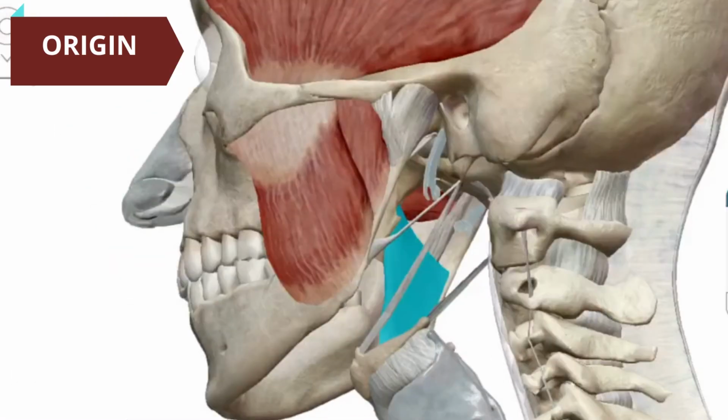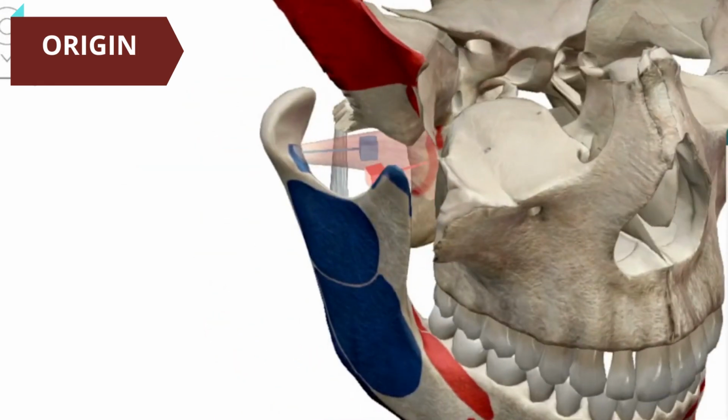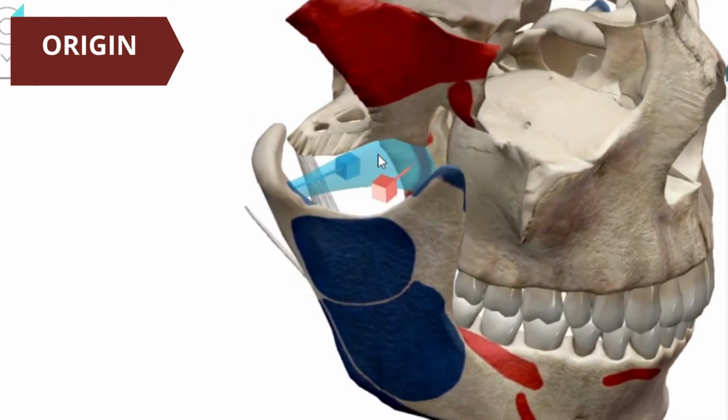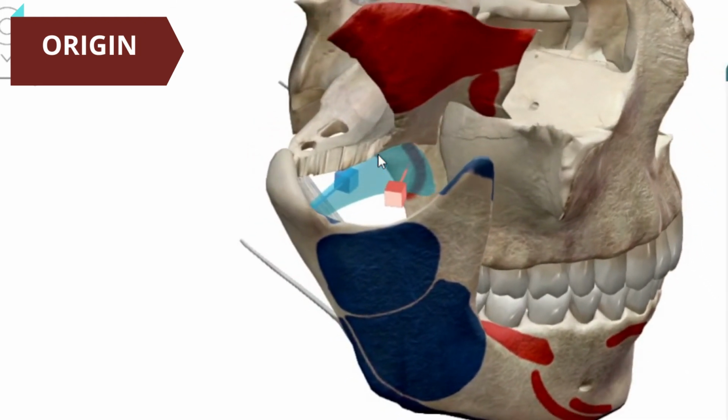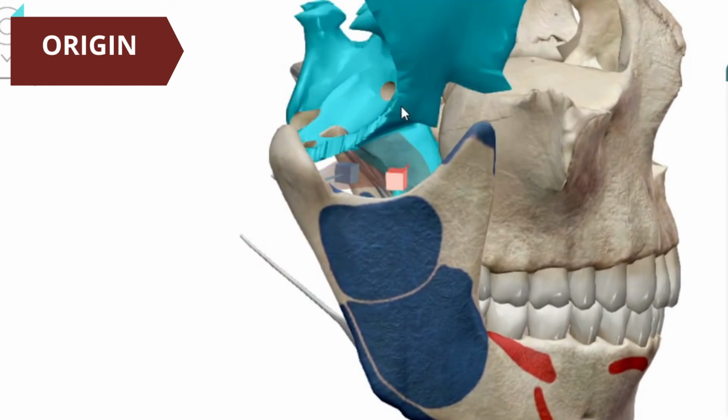Now comes the deepest part, that is the lateral pterygoid muscle. The lateral pterygoid muscle also has an upper head and a lower head. The upper head will arise from the infratemporal surface of the sphenoid bone. This is the sphenoid bone.